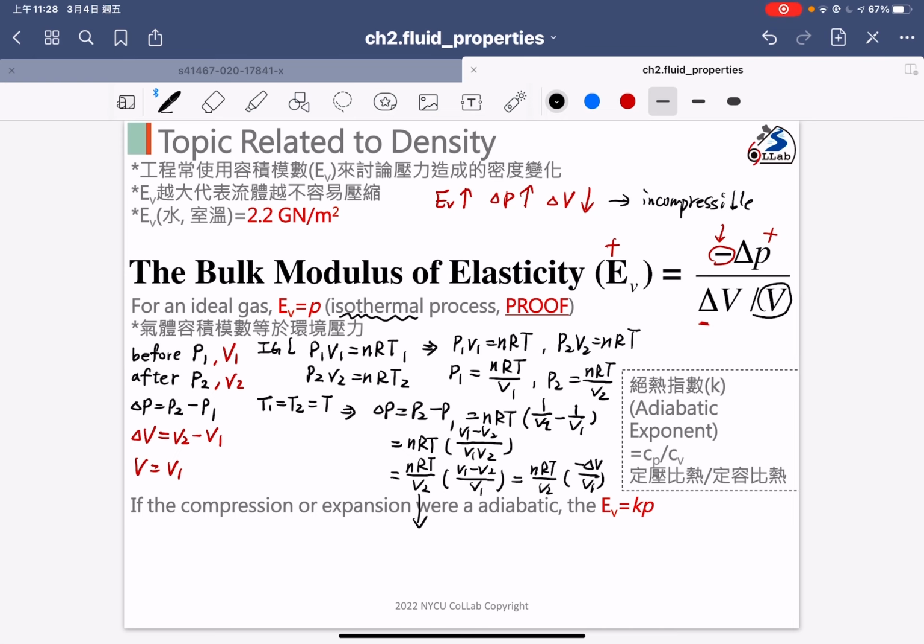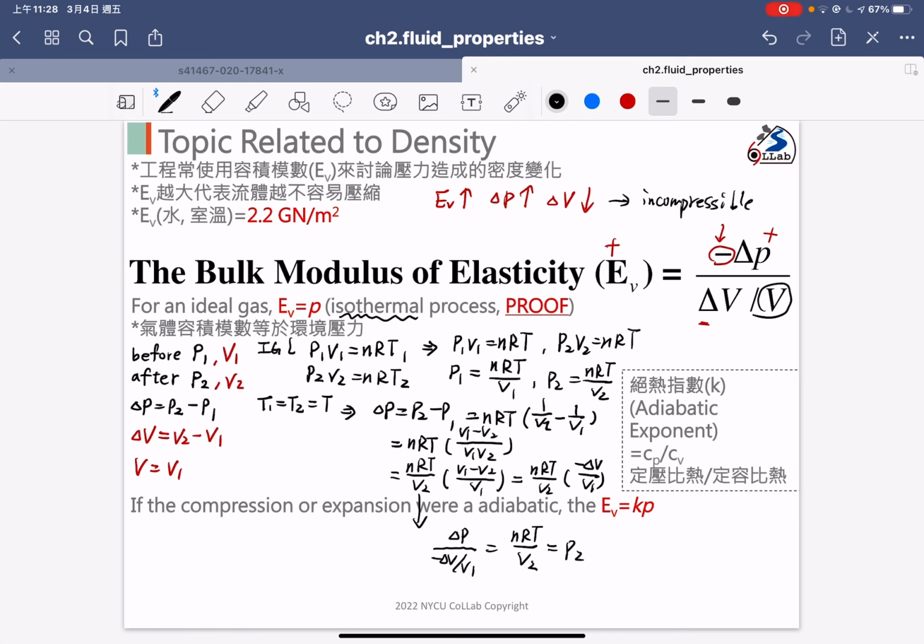Okay, so we can summarize and reorganize some important things. I move the delta P over here, and the minus delta V divided by V1 is equal to nRT divided by V2. And nRT divided by V2 is equal to P2, right?